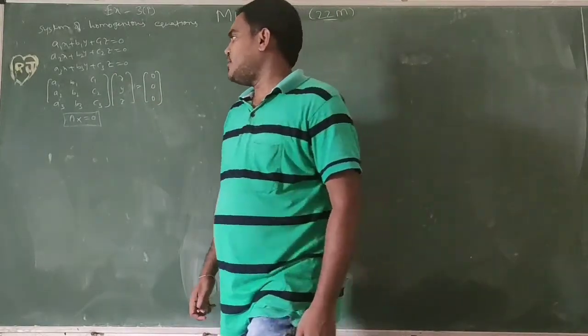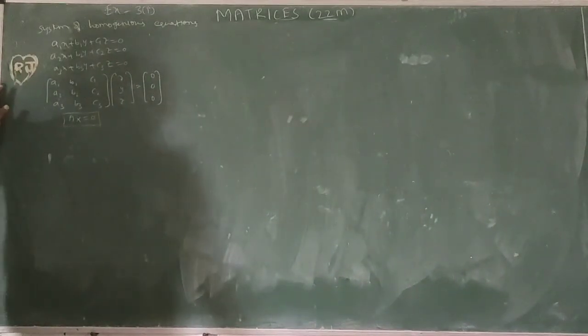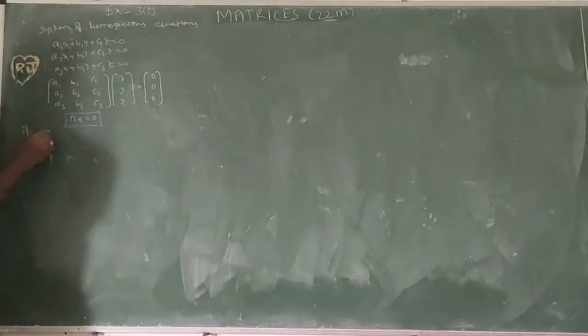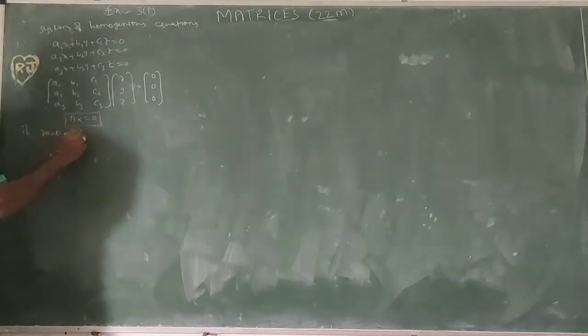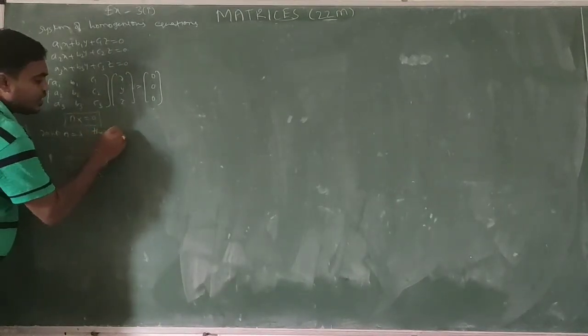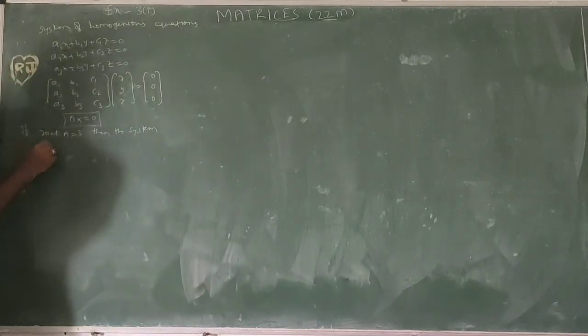Here the system of equations is in the form of AX equal to 0. If rank A equal to 3, then the system has a unique solution.